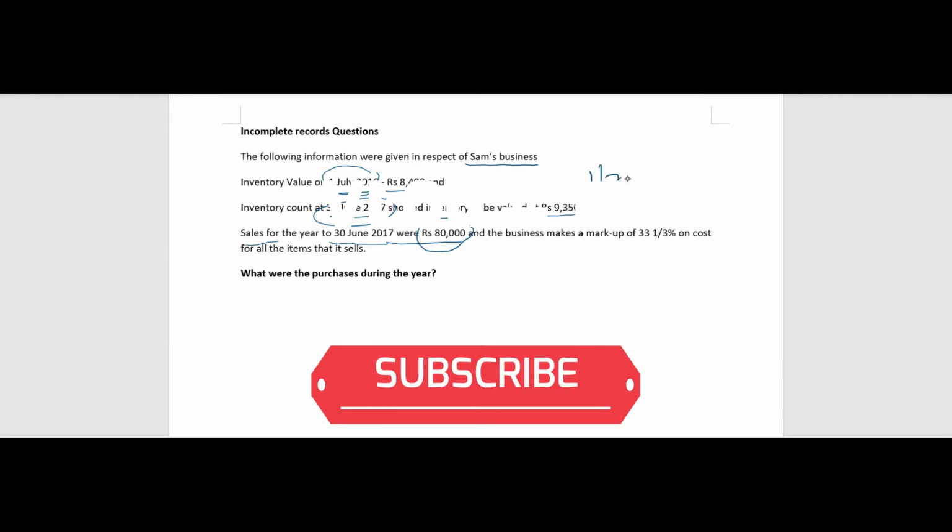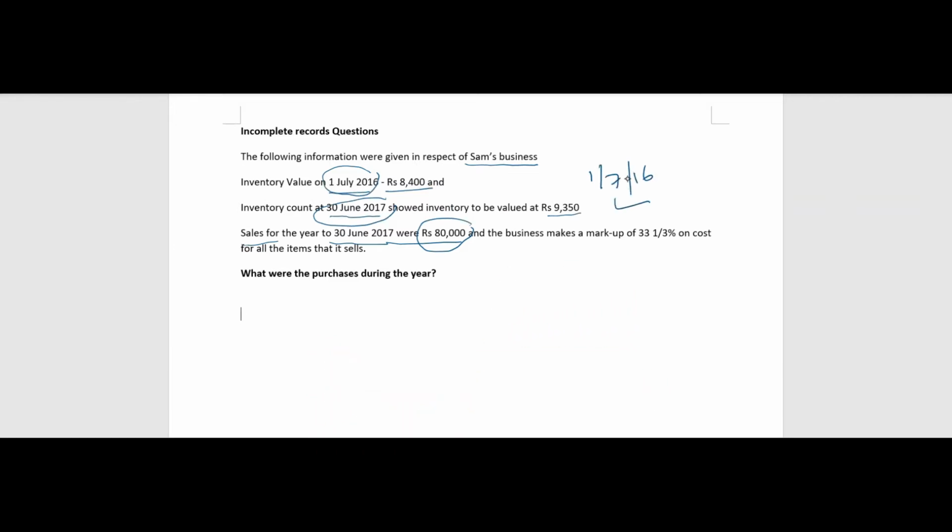So this is the year end, and this is the beginning of the year. Sales for the year ended 30th June 2017 were 80,000. Our financial period starts from 1st July 2016 till 30th June 2017.